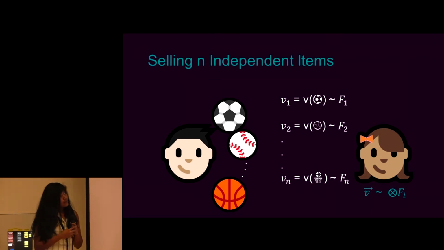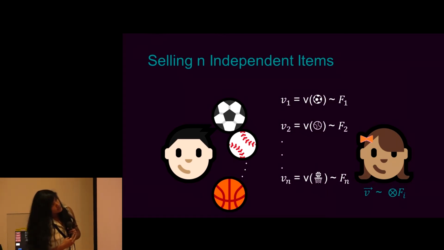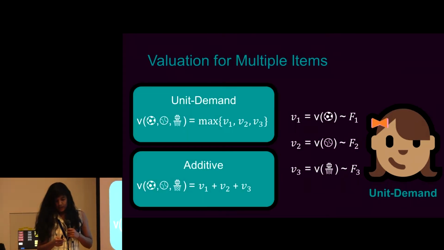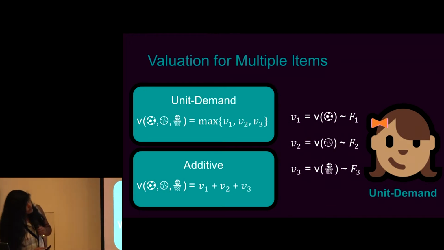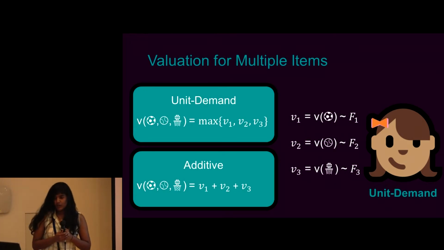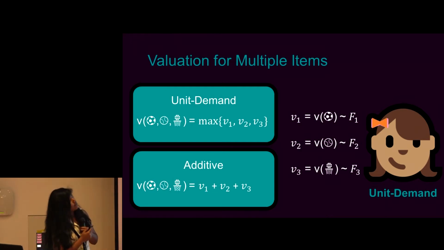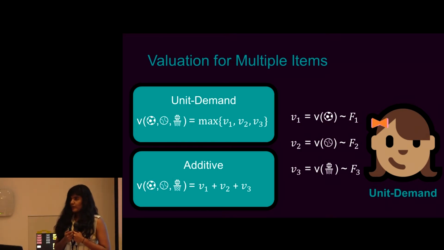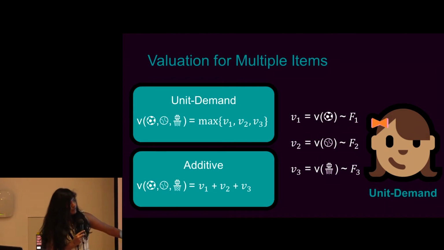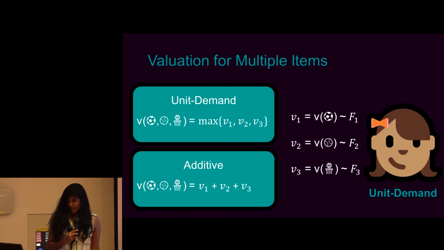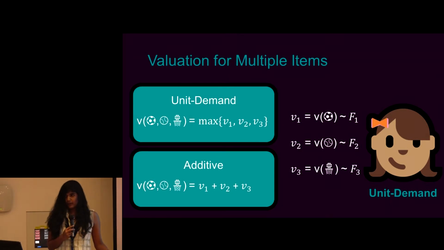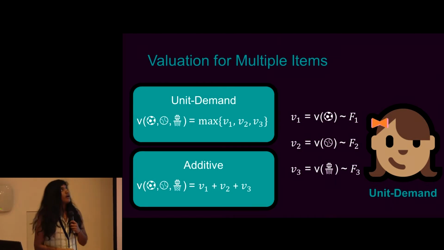The way the valuation works for multiple items can be defined by different functions. People have studied many different valuations, and unit demand and additive are some of the more popular ones. I have information about additive on the slides because it's been studied a lot, but I won't be talking about it today.